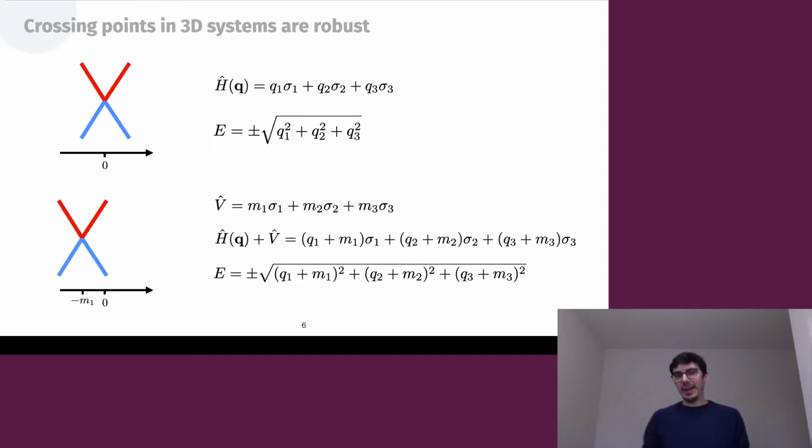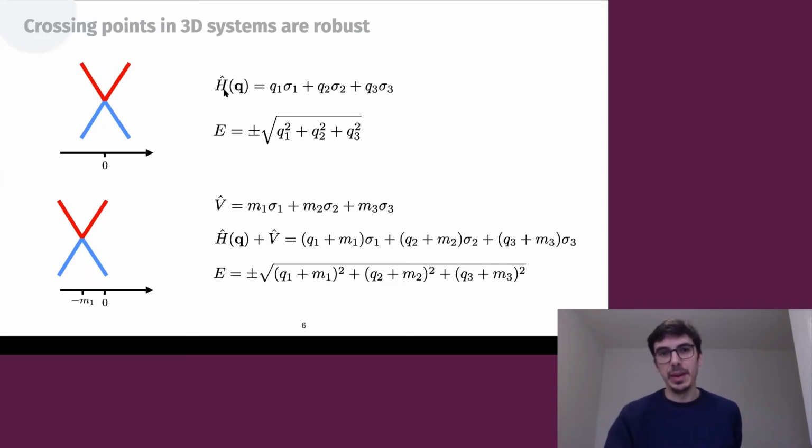So if we take a step back, and as I said, today we'll mostly discuss topological crossing points, because those are the important ones for phonons, then it's actually very easy to understand why these crossing points between two bands are very robust in 3 dimensions. So at the top, I have a very simple Hamiltonian for a two-band model.